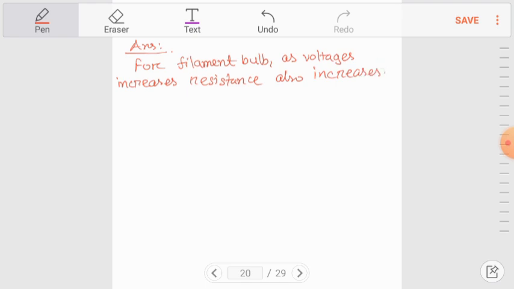A high resistance increases the temperature. So here we can write it as, for filament bulb, as voltage increases, resistance also increases, which increases the temperature.